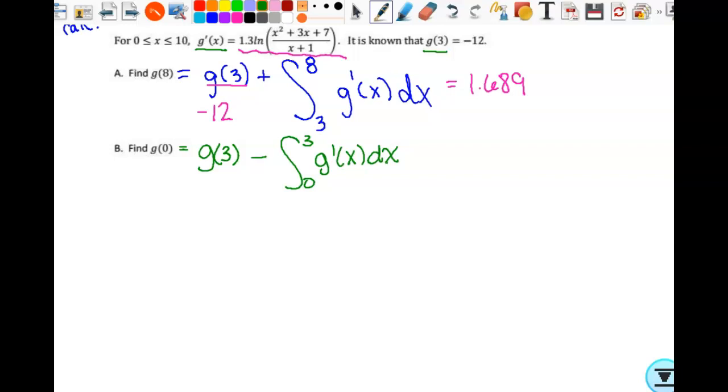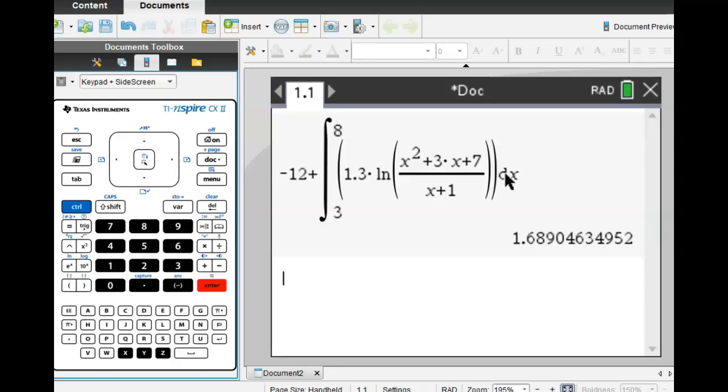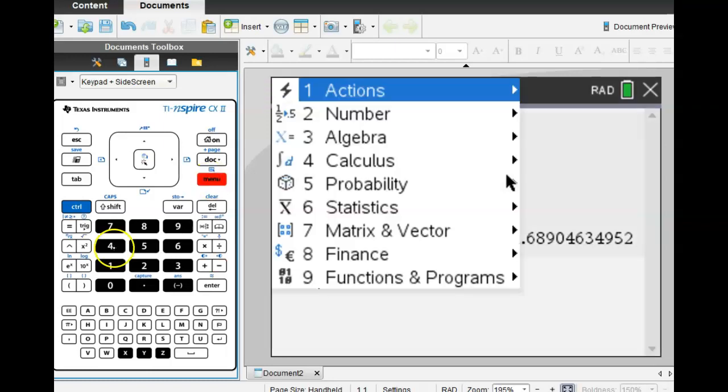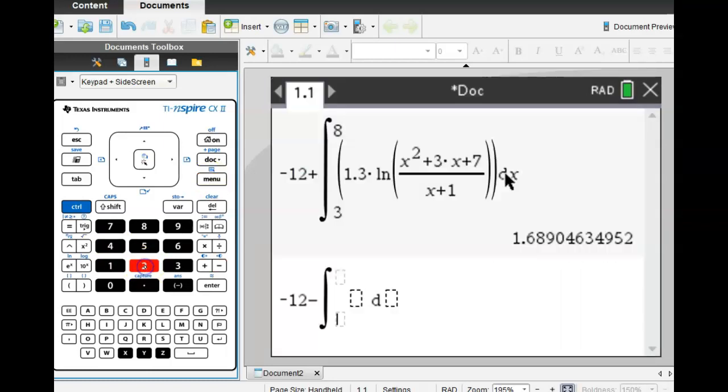Right, so then we want to type this into our calculator, and again, this is -12. I'm changing a couple of things, but we're going to retype the whole thing because I think we just need some practice with these calculators. So this time it's -12 minus, then how do I do an integral? Menu, I'm doing calculus, and I want to do an integral, right?